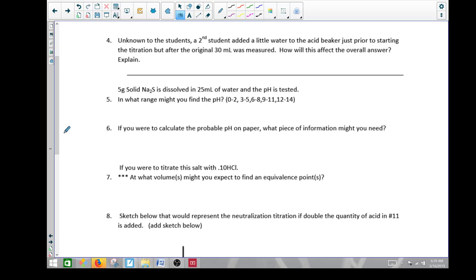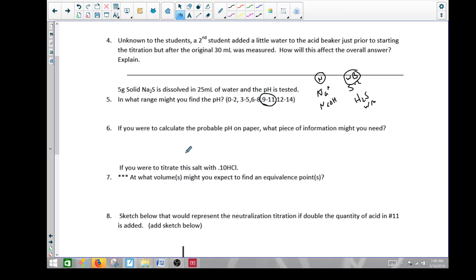A few things you want to note: when Na2S is dissolved, it splits into Na+ ions and S2- ions. Na+ is the conjugate of NaOH, so it's neutral. S2- is the conjugate of H2S, so it's a weak base. H2S is a weak acid. So it should be in the range likely right here.